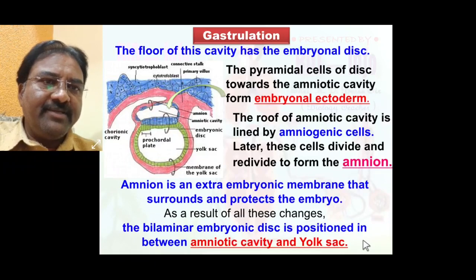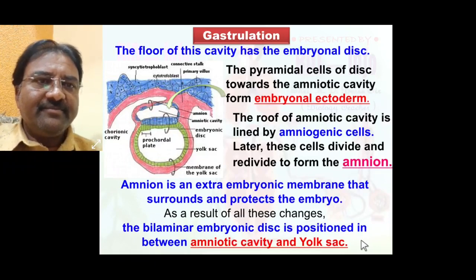So up to this we have discussed in detail how the bilaminar embryonic disc forms, present in between the amniotic cavity and yolk sac.